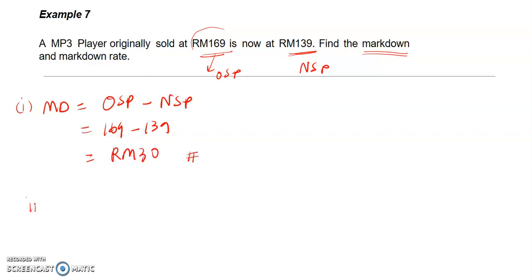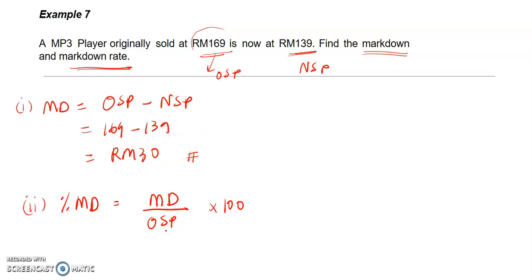Okay, next question, you must find the markdown rate. So that means this 30 ringgit is equal to how many percent? To find the percentage of markdown, the amount of markdown divided by the original selling price multiplied by 100. So please remember this, markdown is always based on the original selling price.